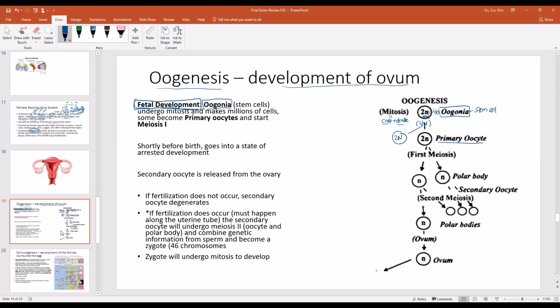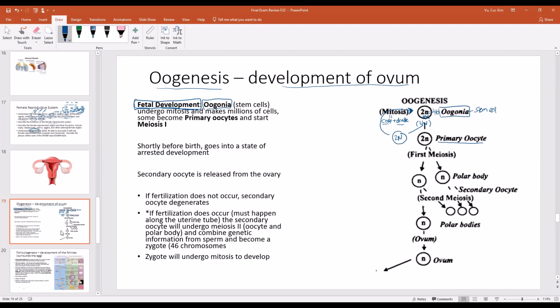The other cell, because it does result in 2 cells, goes back to being an oogonia and repeats that process. That's why from that one oogonia, it can make lots of primary oocytes. One goes back to dividing, the other is earmarked to become an egg.